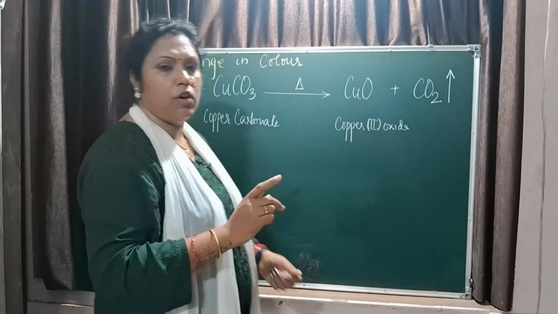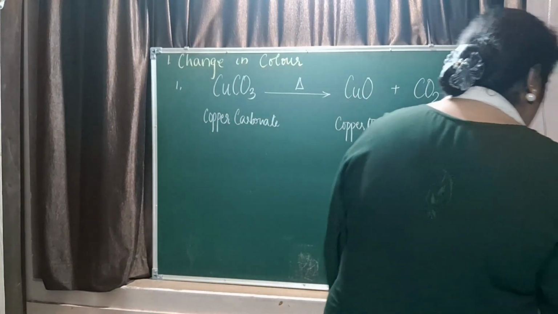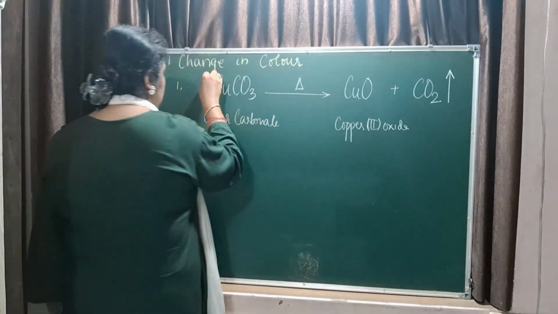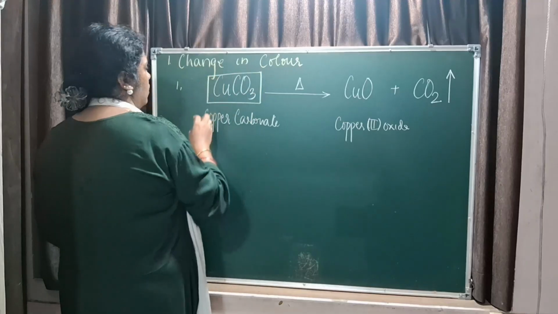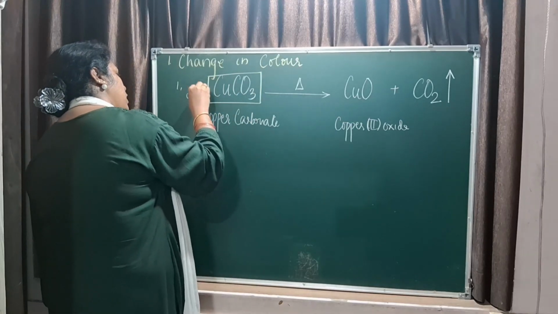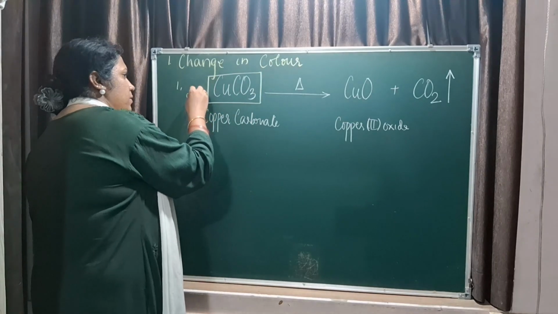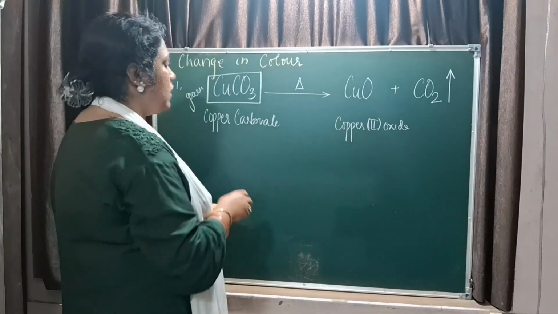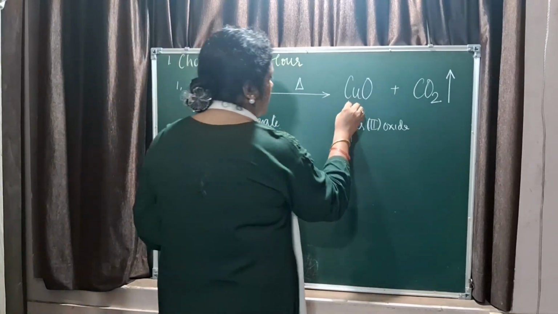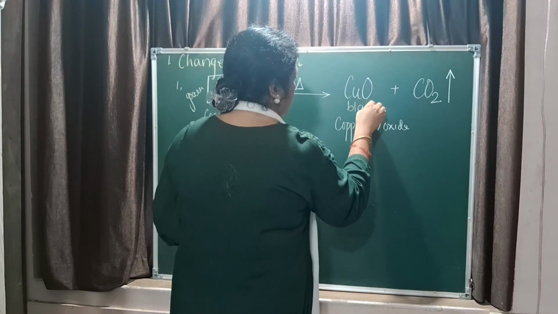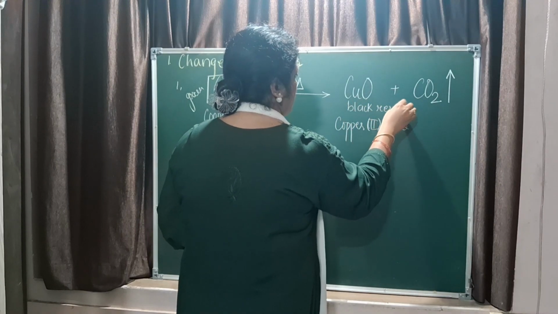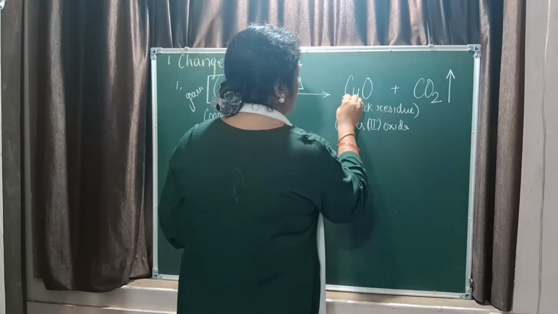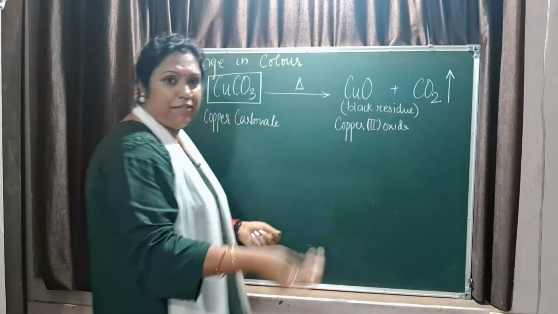Now, the color of copper carbonate is green, okay. When it is heated strongly, it is decomposing, right, it is breaking down into simple compounds. If it is heated strongly, it turns into a black residue. Now, there is a difference between the words, I will tell you. Residue is something left over.